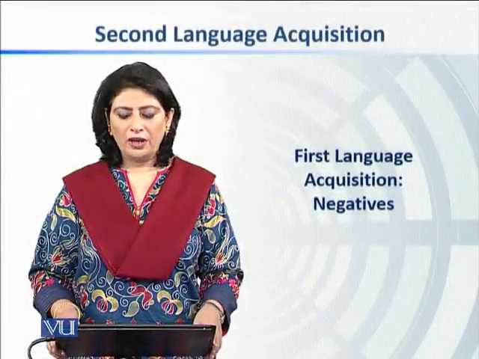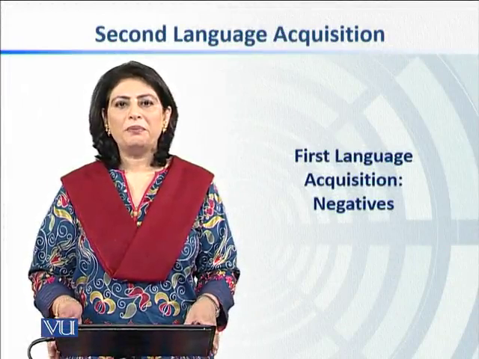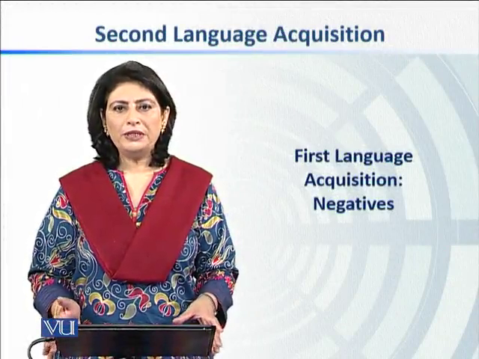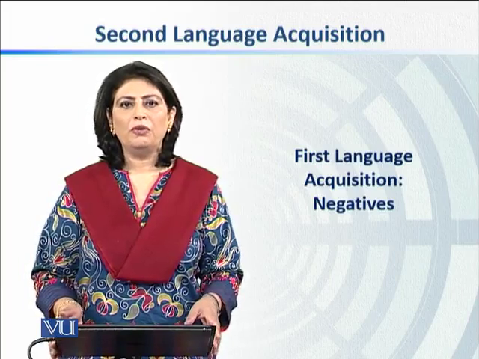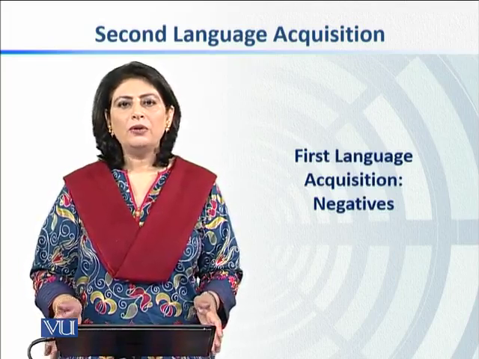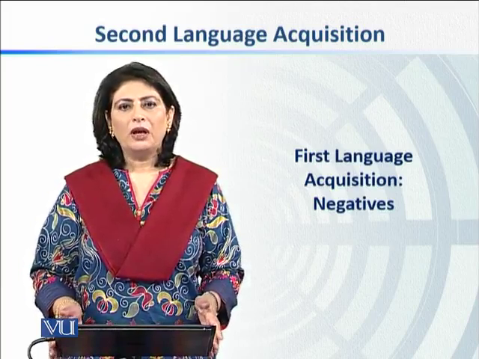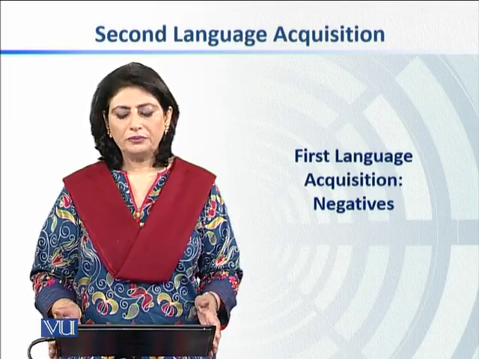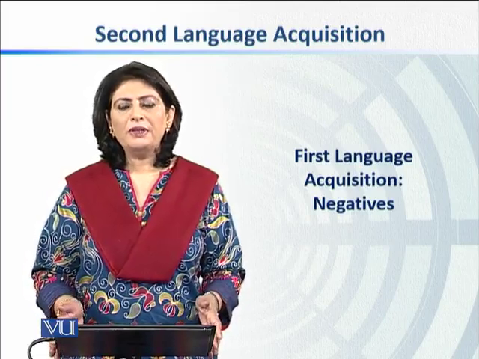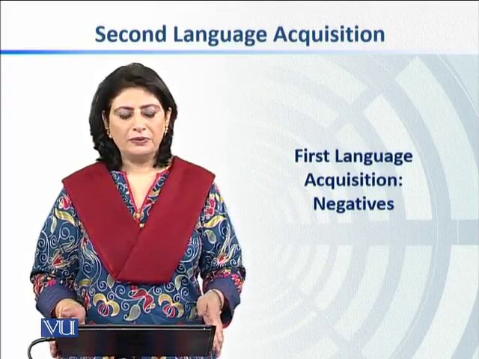First, language acquisition, negatives. As you would remember, we have already discussed that first language acquisition almost always follows the same pattern across the world, no matter what language we are talking about. An example in this regard is the acquisition of negatives.